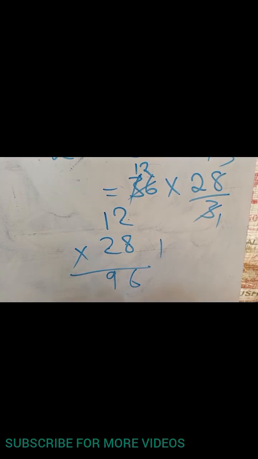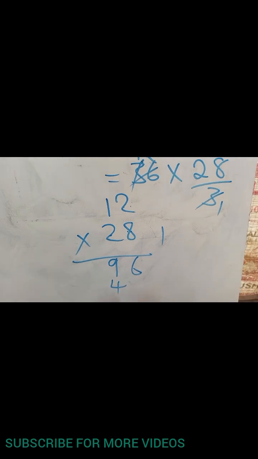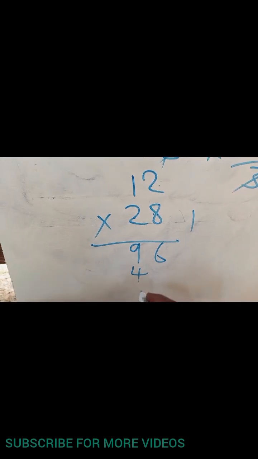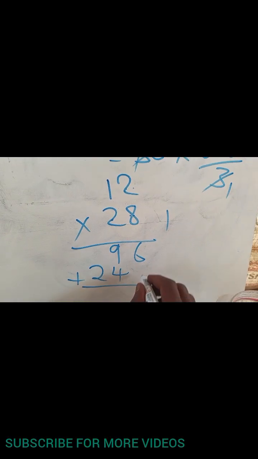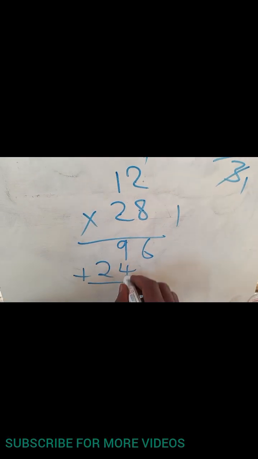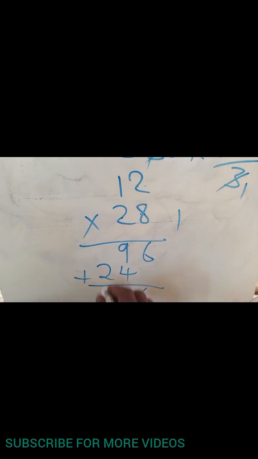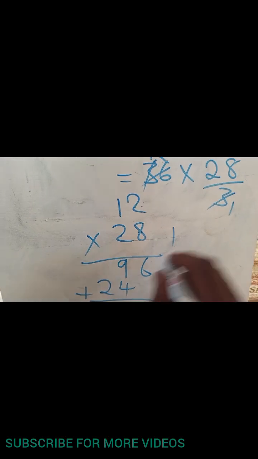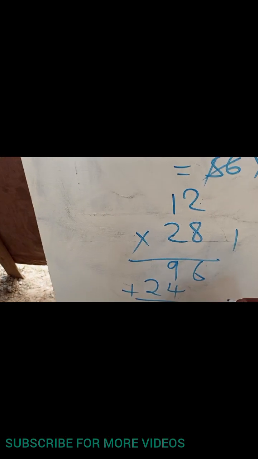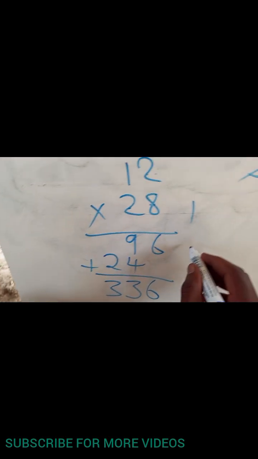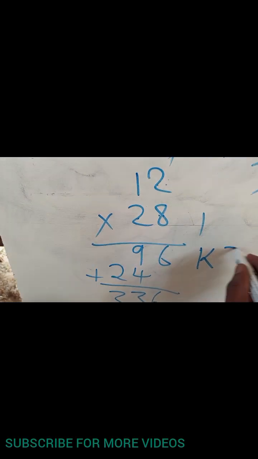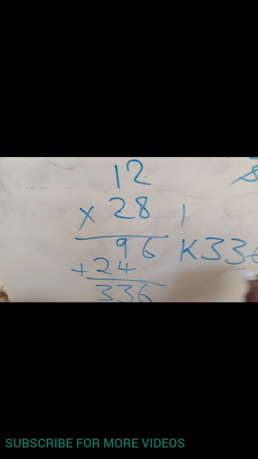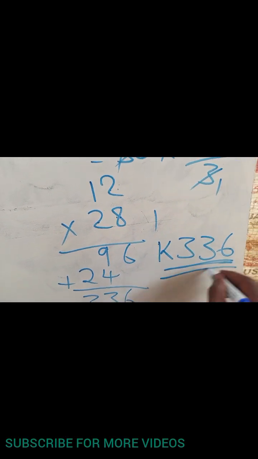Then 2 multiplied by 2, 4, then 2 multiplied by 1, 2. Then we add, here we are going to have 6, then here we're going to have 3, and here 3. So the answer for the amount that is going to be paid to Betty is 336 kwacha for 36 shares.